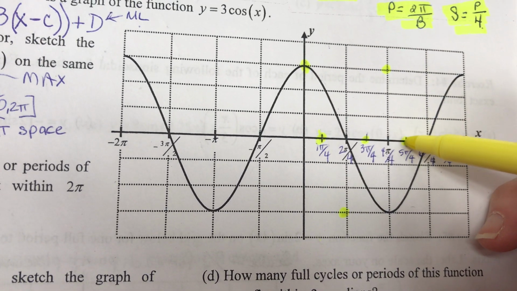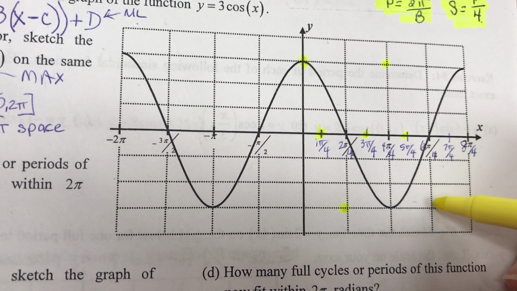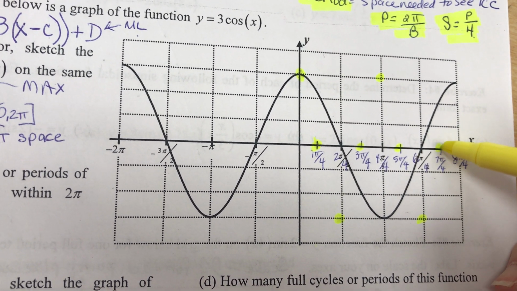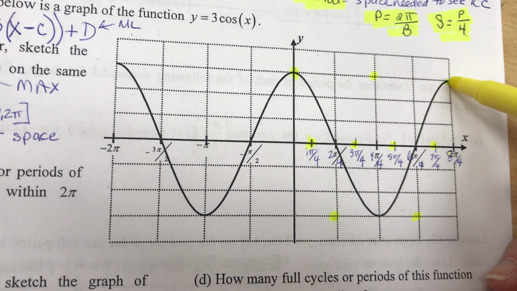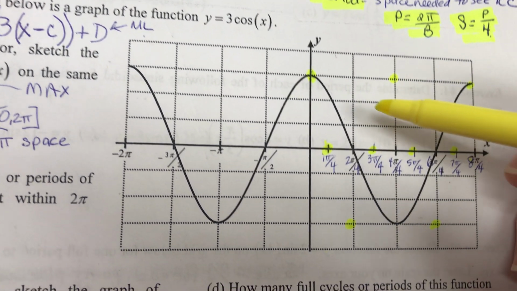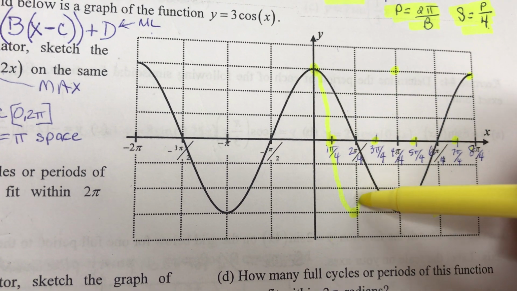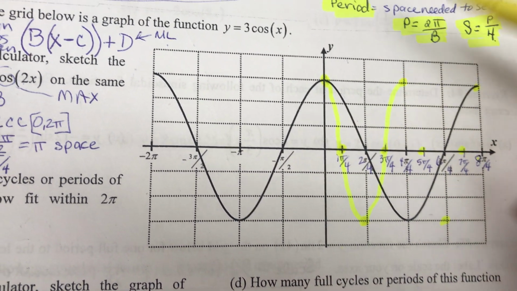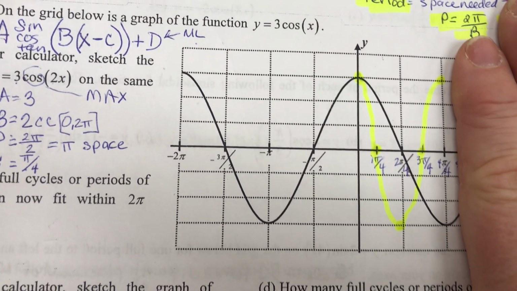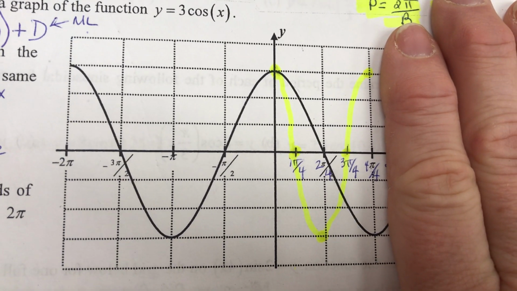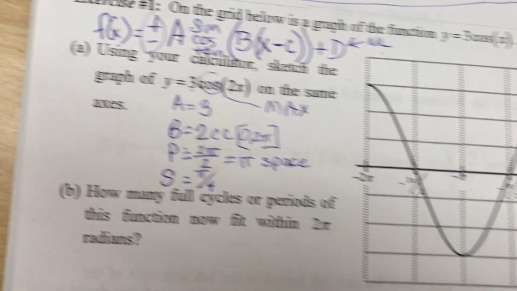Next tick middle. Next tick min. Next tick middle. Next tick max. So if you notice, this is all of a sudden giving me 1 complete curve in the space of just 4 pi over 4, which is pi. Okay, that's why the period is pi.